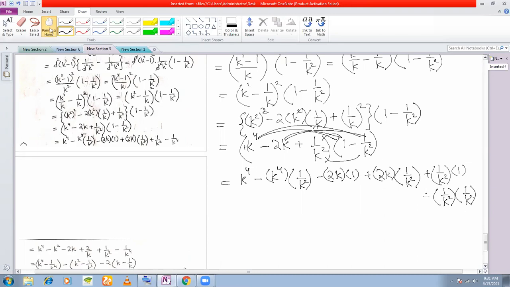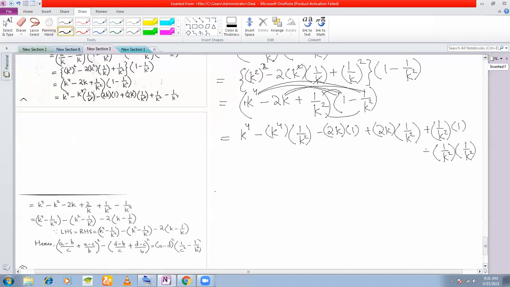That's it. Now you simplify all this. Here you get k to the power of 4. Here k square will cancel here. Okay, so you simply get a k square minus 2k. And here again k cancels here. So you get plus 2 by k. Then you have 1 by k square.